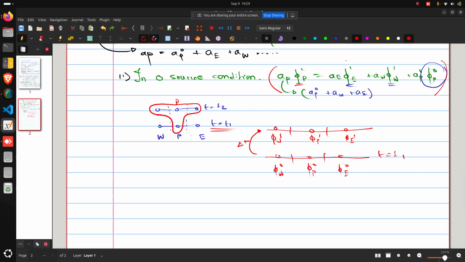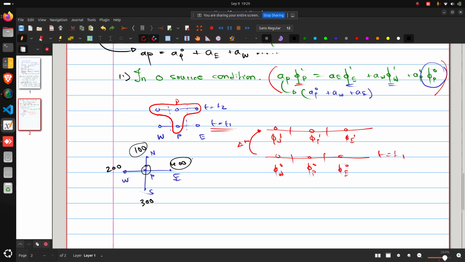For example, say you have a 2D problem. This is P, this is north, south, west, east. Say at north you have 100 degrees Celsius, then 200, 300, and 400 degrees Celsius. The value at P will be somewhere between 100 and 400.